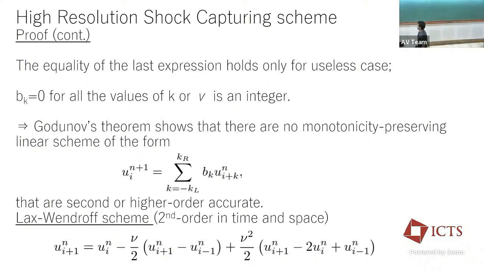So what should we do? To see this, let's consider the Lax-Wendroff scheme, which is second order in time and space. In the Lax-Wendroff scheme, the flux at i plus 1 is given by multiplying a by this term, and the flux is given by these terms.